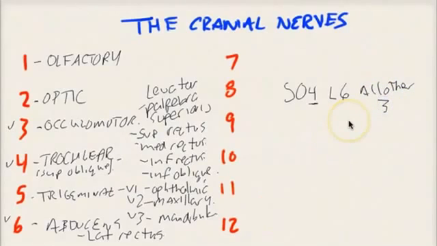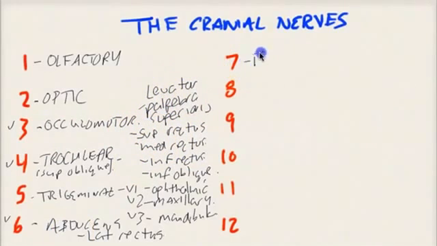This means cranial nerve 4 innervates the superior oblique, so SO, superior oblique, cranial nerve 4. L6 means the lateral rectus is innervated by cranial nerve 6. And all other 3 means that all the other muscles of the eye are innervated by cranial nerve 3. We know the oculomotor is going to innervate quite a few of these muscles.